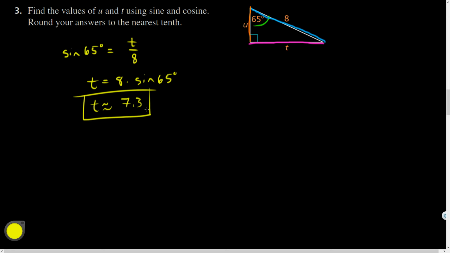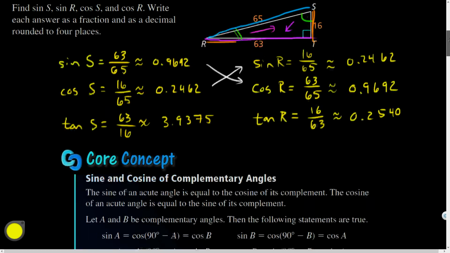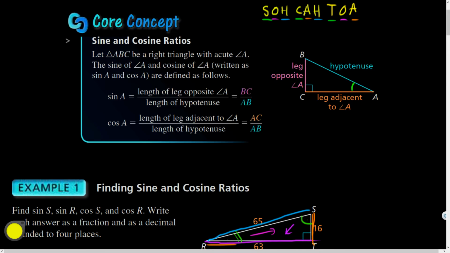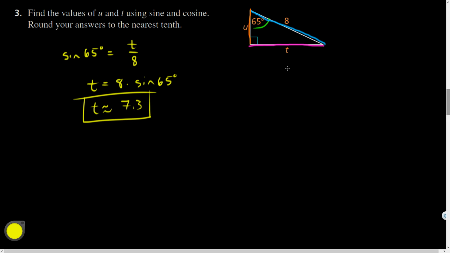I stole that from the book's answer here. Let's see. And if I wanted to find u, u is the adjacent. 8 is the hypotenuse. Cosine compares the adjacent and hypotenuse, so I'm picking the trig ratio based on what things I'm comparing.